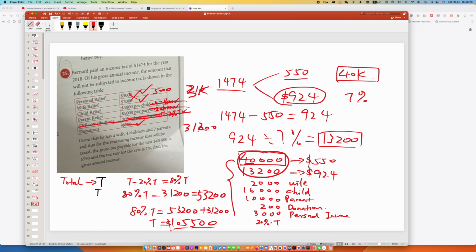Yeah, I agree with you, it's kind of complicated. That's why this kind of question is worth maybe 6 to 7 marks in exams. But it's not really very complicated. Oh, they can make it more complicated by adding some other stuff. Yeah, but if it's like this question, they make it easy because the rest is 7%. Basically, it's just straight away 7%, not tier.